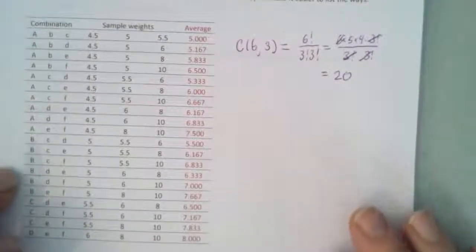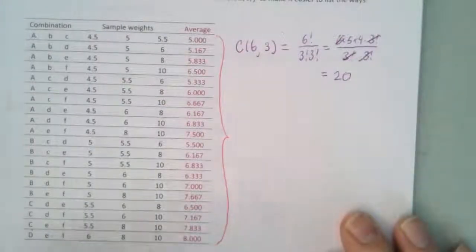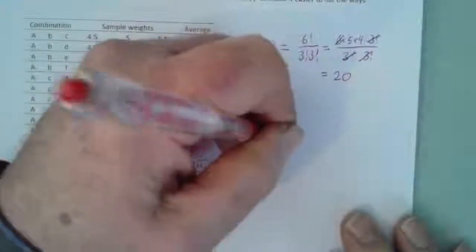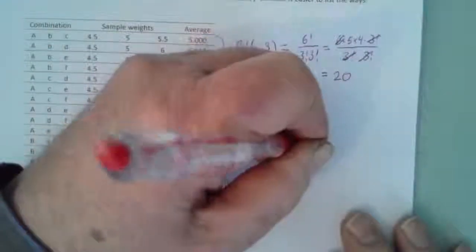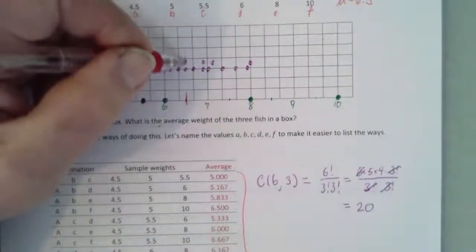It turns out that if we take the average of all of these values here, of these averages of samples of size 3, the mean value of the x bars is also 6.5. The mean of this distribution is also 6.5.